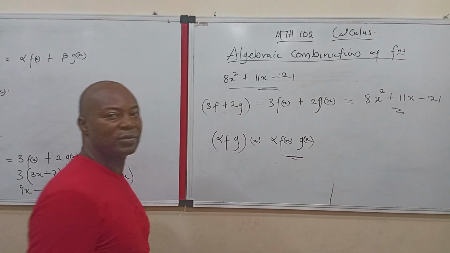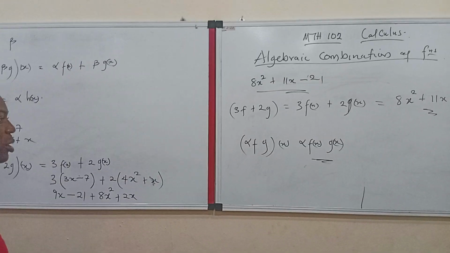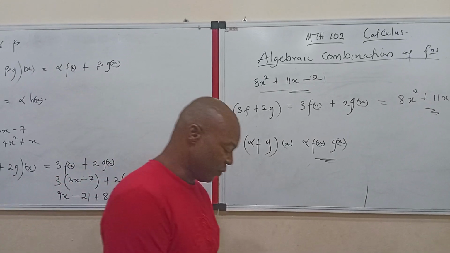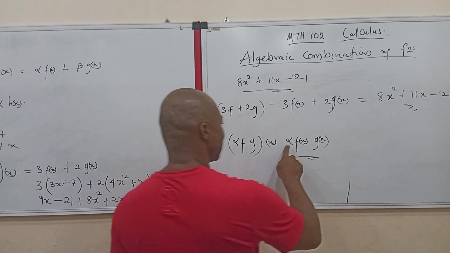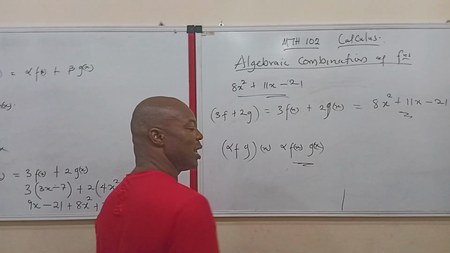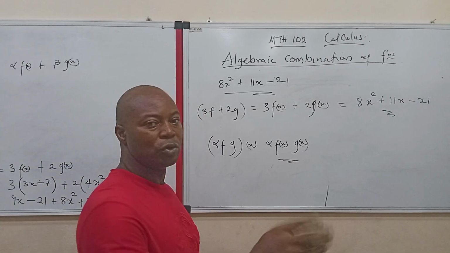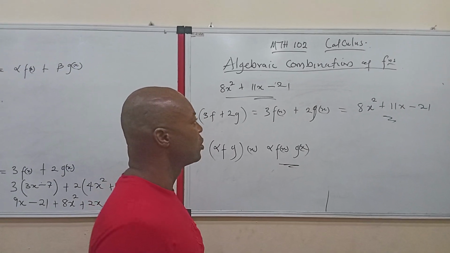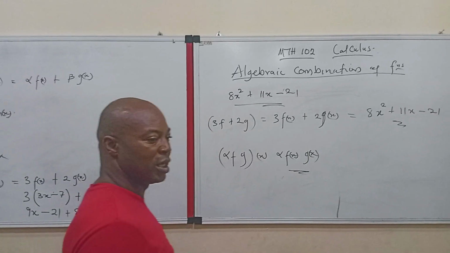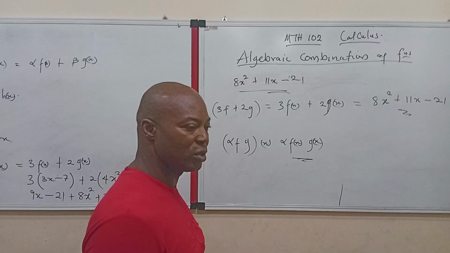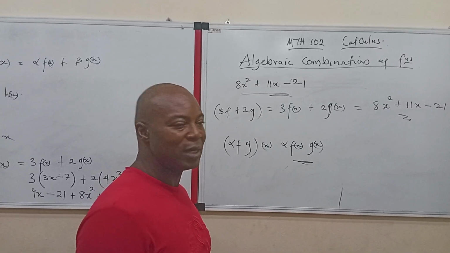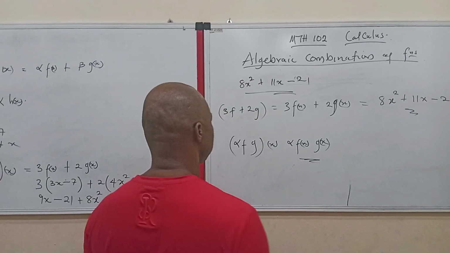For multiplication and for subtraction, you can also do this, and it will go. All that you do is allow the scalars in the front to multiply the function, then you carry out the operation, whether it's addition, subtraction, multiplication, or division, as the case may be, and you see that everything is pretty simple.